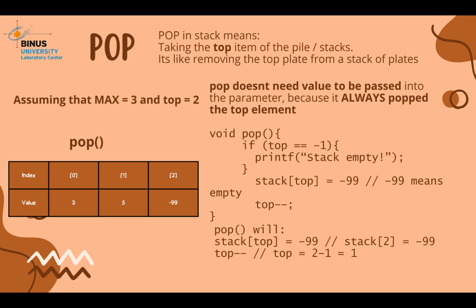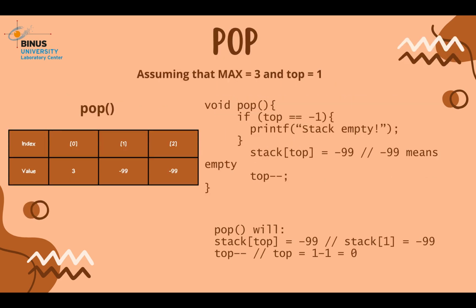And then we decrement top. So top moves down to index 1, right here. Then we pop again: the element at index 1 becomes -99, and top is decremented to index 0.